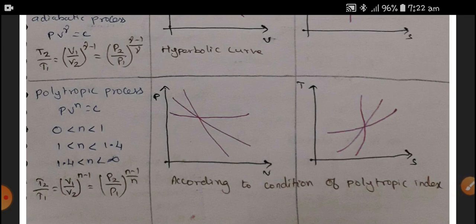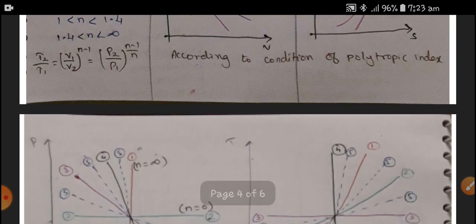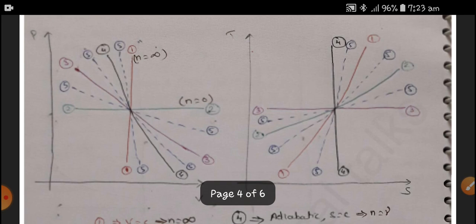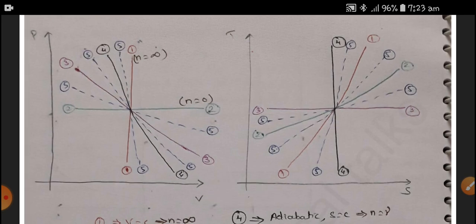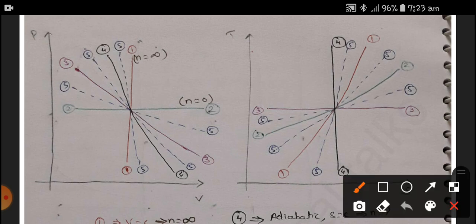Next, we are going to compare all the PV diagrams and TS diagrams in one PV diagram. If I have a constant volume process, my PV diagram is this, and the TS diagram will have a steep curve.